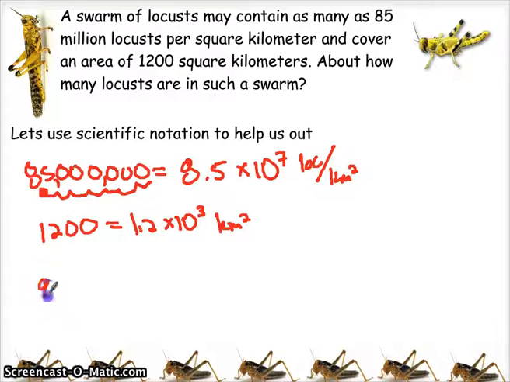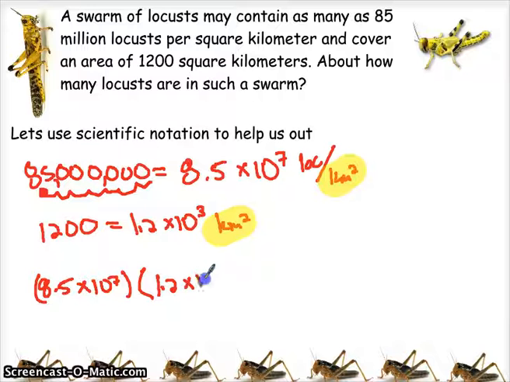Well, if we took 8.5 times 10 to the 7th and multiplied, notice if I multiply kilometers squared times locusts divided by kilometers squared, my kilometers squared are just going to cancel away. So I'm going to multiply these two numbers together, 1.2 times 10 to the third, and that should leave me with just how many locusts I have.